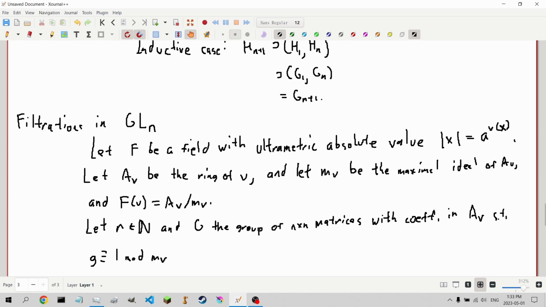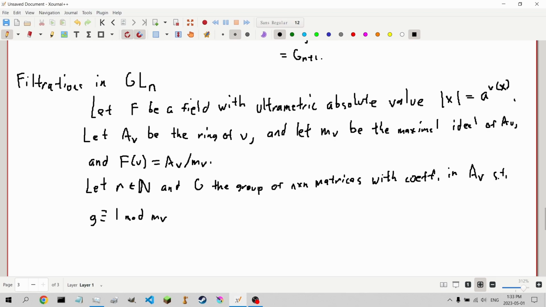So essentially, the image of this under the quotient map is going to be the identity map in F of V.